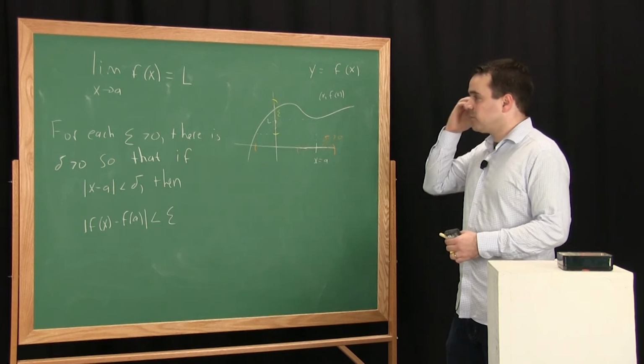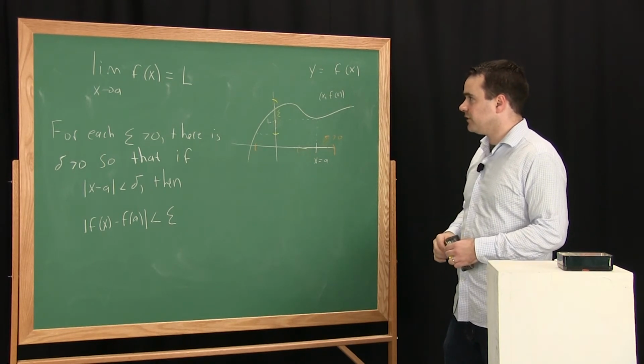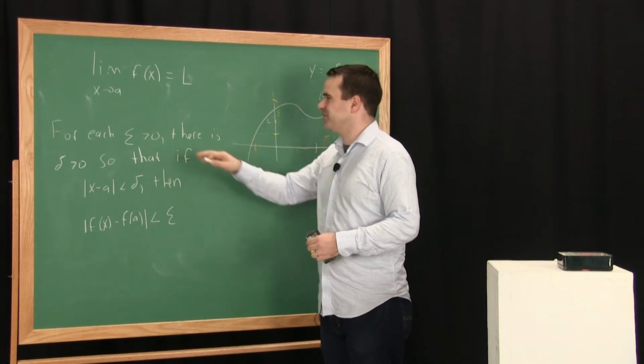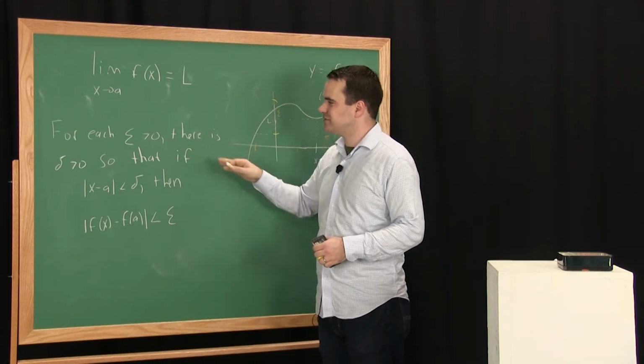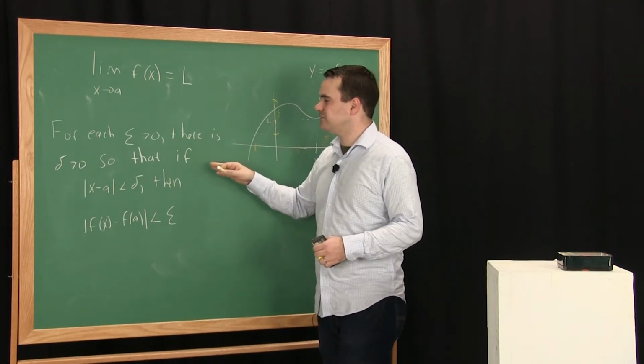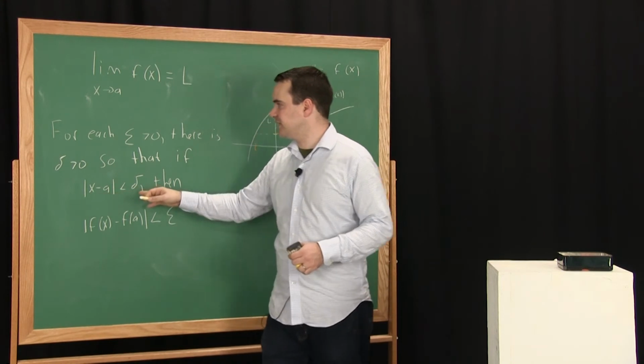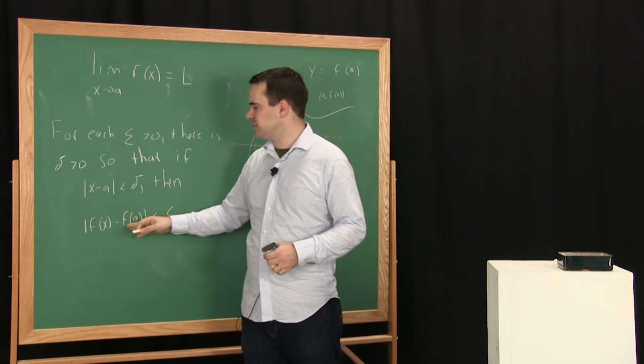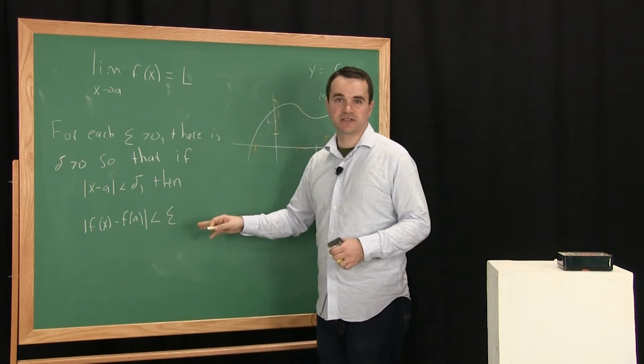And so that's the formal definition of a limit. It's kind of a mouthful. So for each epsilon bigger than 0, there's a delta bigger than 0, so that if the distance from x to a is less than delta, then the distance from f of x to f of a is less than epsilon.